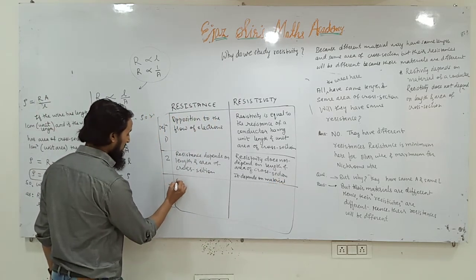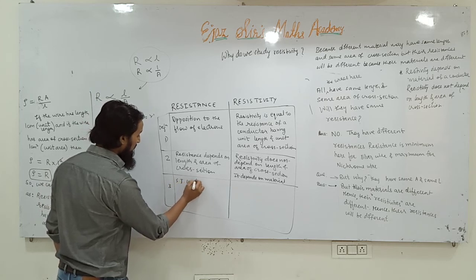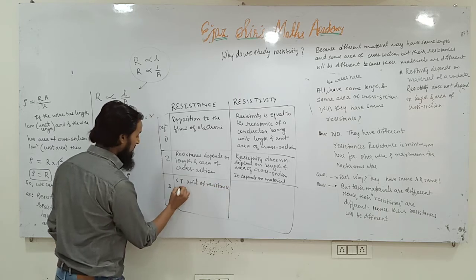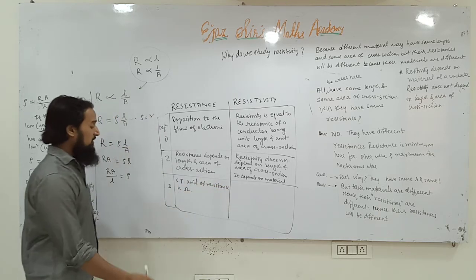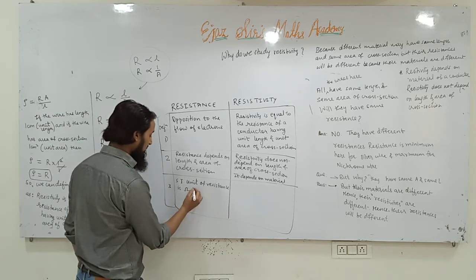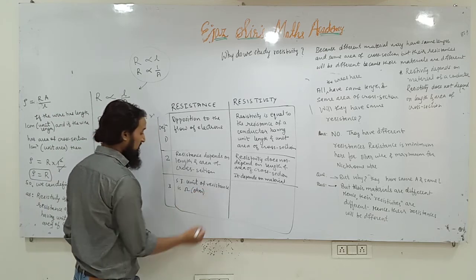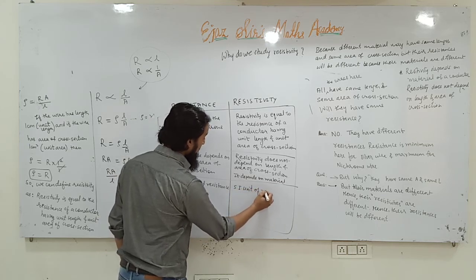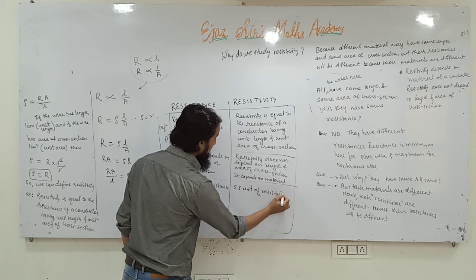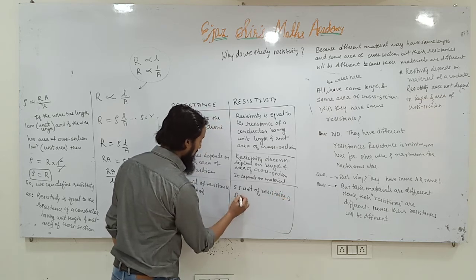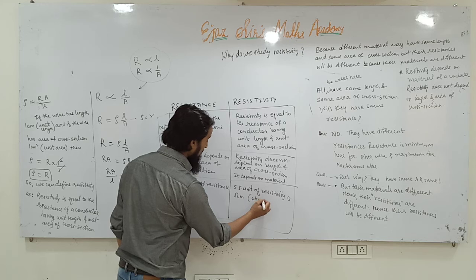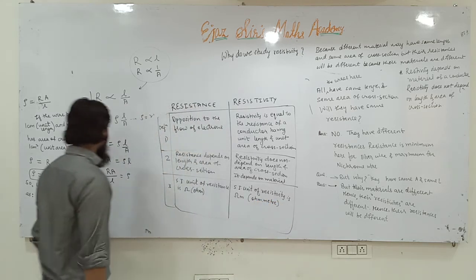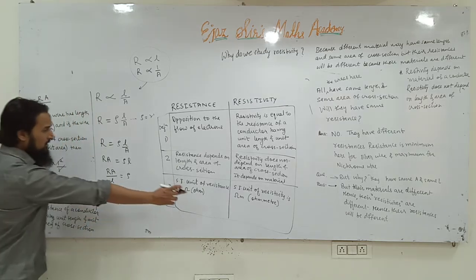Number 3. The SI unit of resistance is ohm. The SI unit of resistivity is ohm meter. Why is the unit ohm meter?